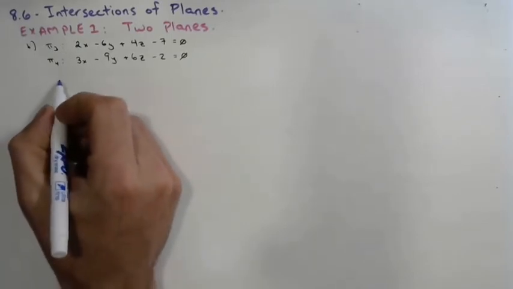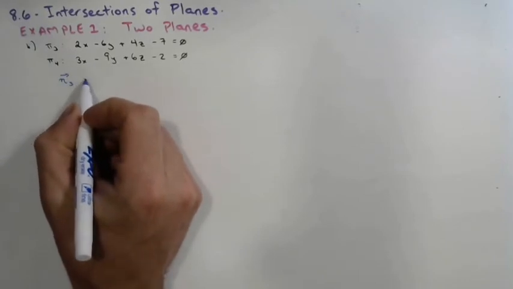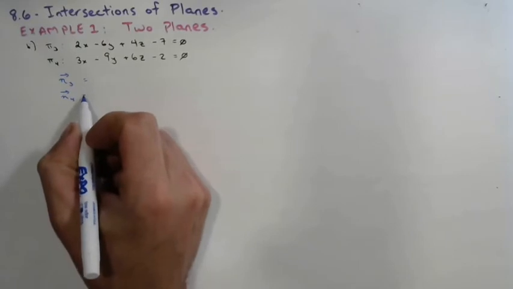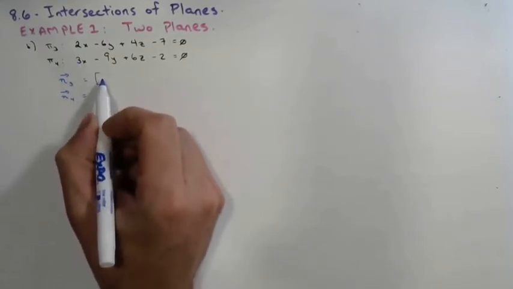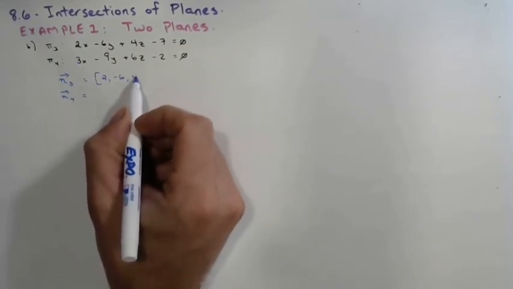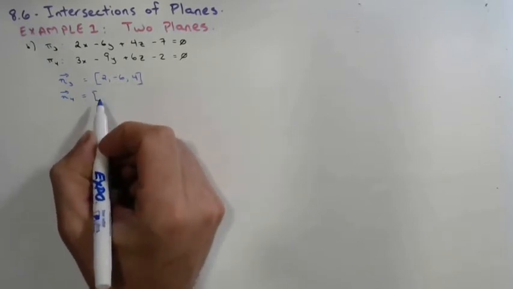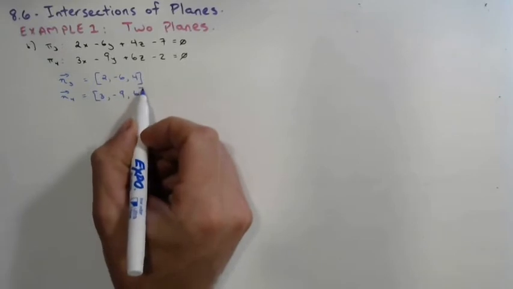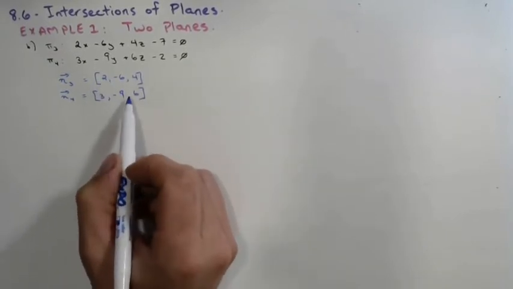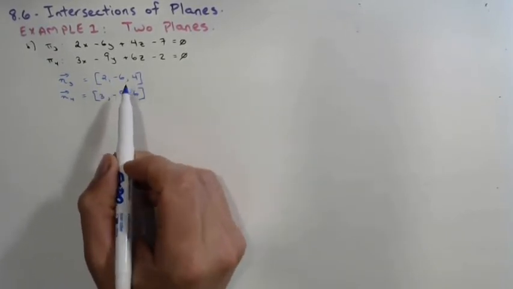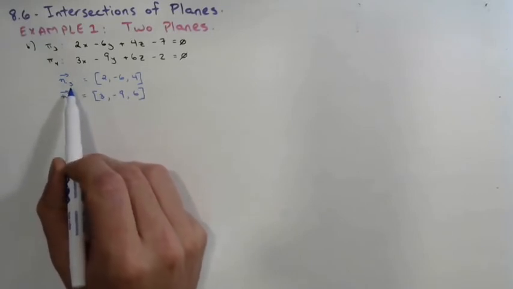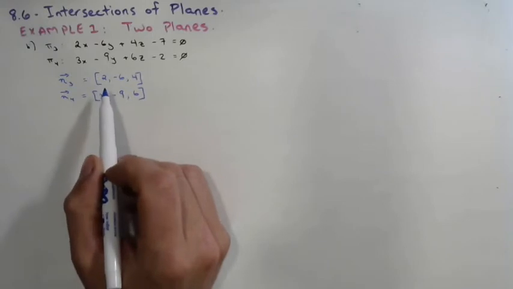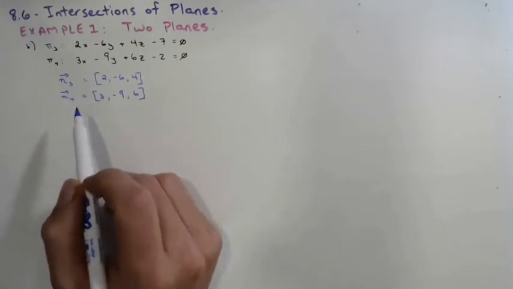We're going to do that by taking the normal vector of each plane and analyzing it. The normal vector for plane 3 is 2, -6, 4. The normal vector for plane 4 is 3, -9, 6. And it looks like if I multiply each coordinate of normal vector 3 by 3/2, I'll end up with normal vector 4.